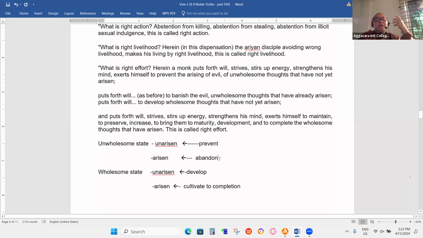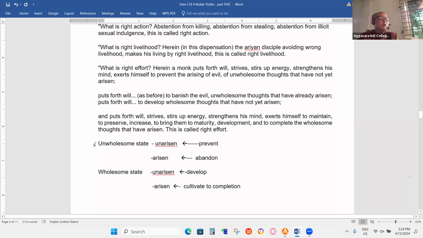This means that if you're getting angry, you have to abandon the arisen anger, and prevent the anger from arising again. If the unarisen wholesome one, like metta and karuna, you have to develop it. If you already have some metta and karuna, you have to cultivate it to completion. If you can remember, this one is easy.